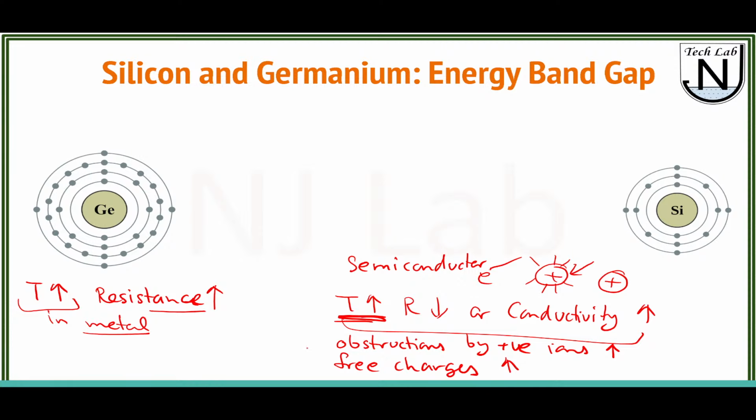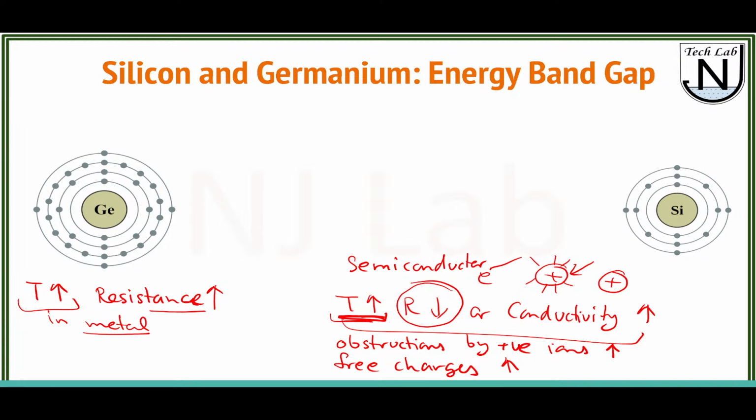So in a semiconductor, when the temperature is increased, electrons in the outermost shell get the energy, and due to that energy, free charge carriers also increase. Due to the increase in their number, the conductivity, meaning the conduction of current, will increase, and overall the resistance will decrease, right?